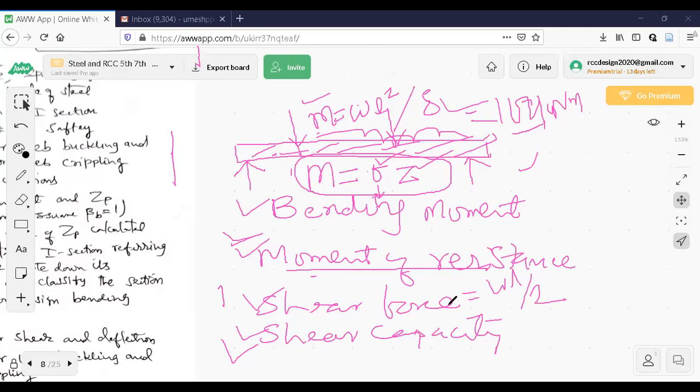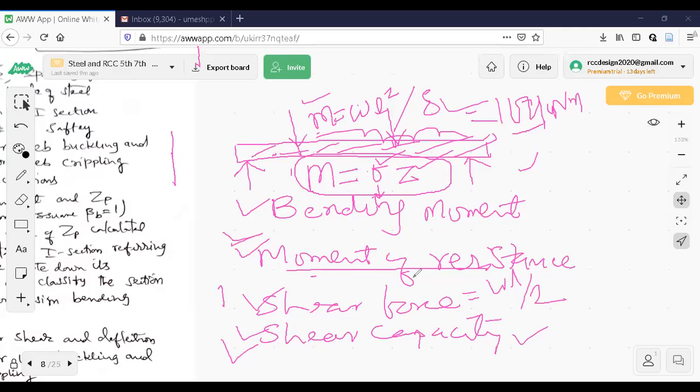Okay, any questions here? This is the generally accepted concept of design of beams, whether it is steel or concrete. Now, how do you find shear capacity? Here, shear force depends upon the boundary conditions and pattern of loading. For example, as I told you, if it is simply supported with UDL, it is WL by 2.